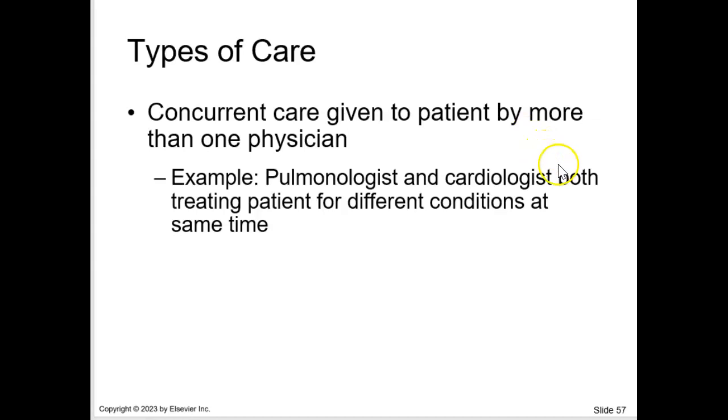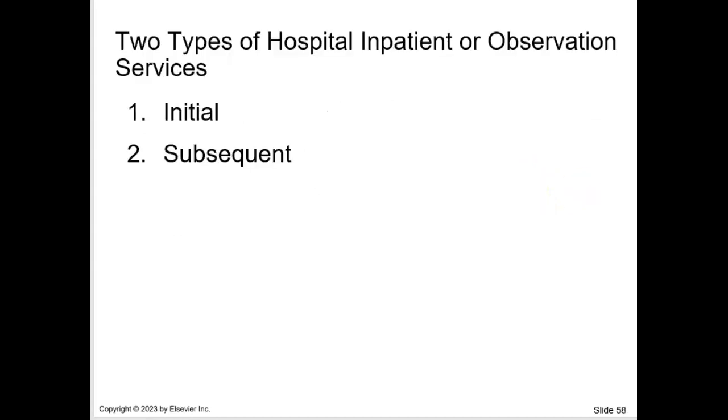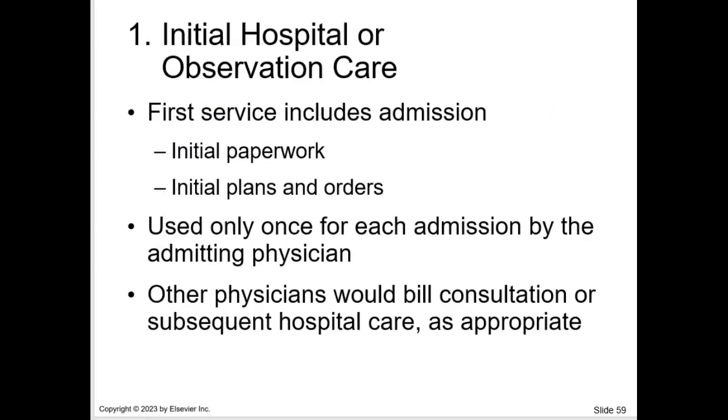So keep in mind, those are subsequent. All right, we have two different types of hospital inpatient or observation. You have initial, which I just talked about, and the subsequent, which I just talked about. So initial or observation care, go ahead and mark, these again are what we just talked about, 99221 through 99223.